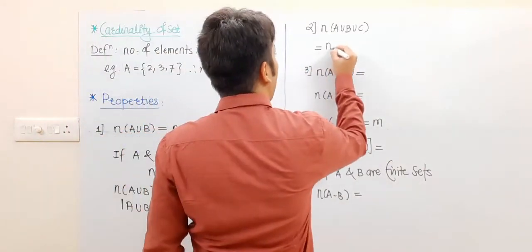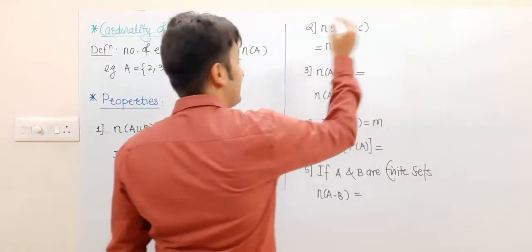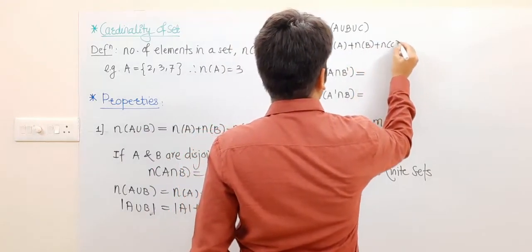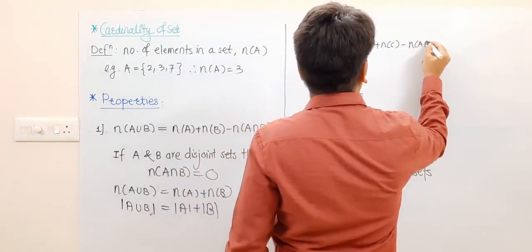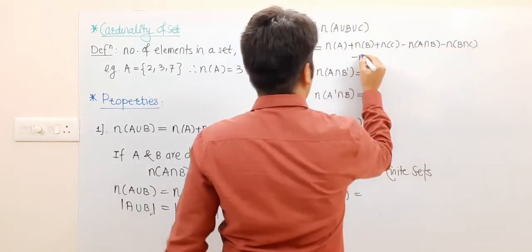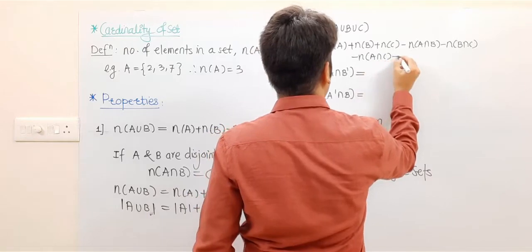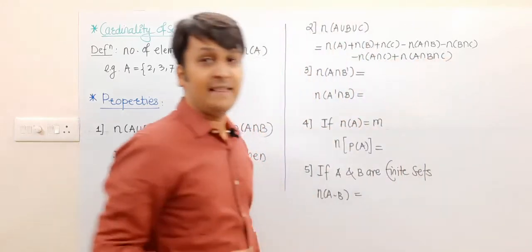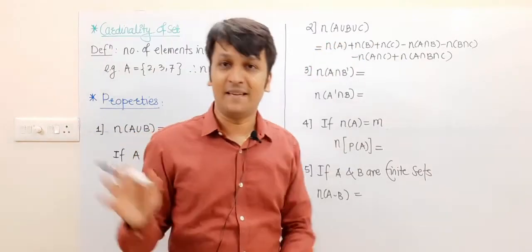n of A union B union C is n of A plus n of B plus n of C minus n of A intersection B minus n of B intersection C minus n of A intersection C plus n of A intersection B intersection C. Remember this one.